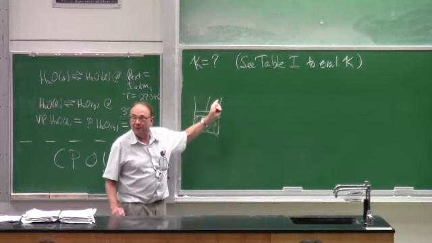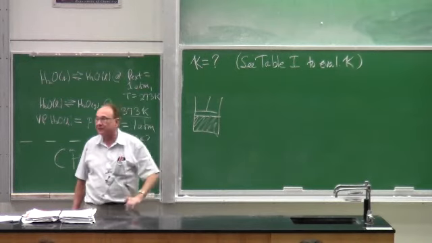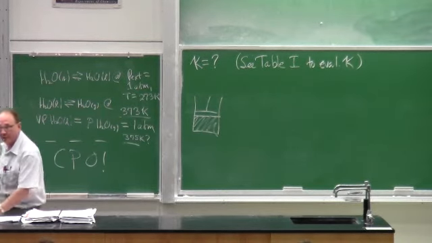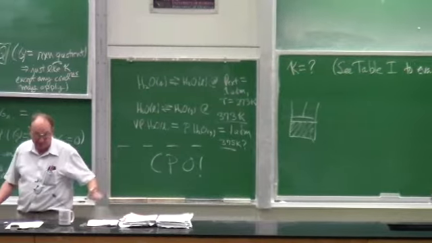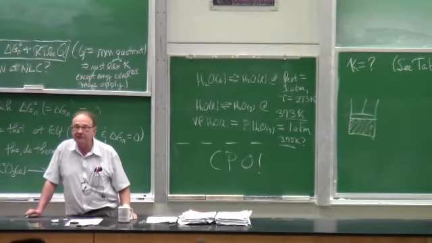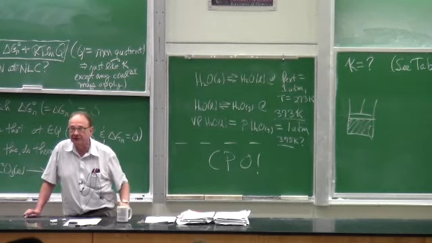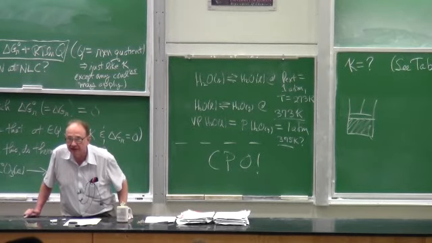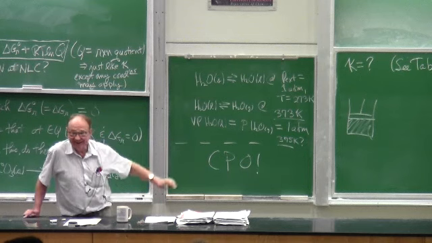And what's going to be above the water liquid and below the piston? Water vapor. There's nothing else in there except water. Right? And that piston is going to keep going up inside this cylinder until what condition exists? This.